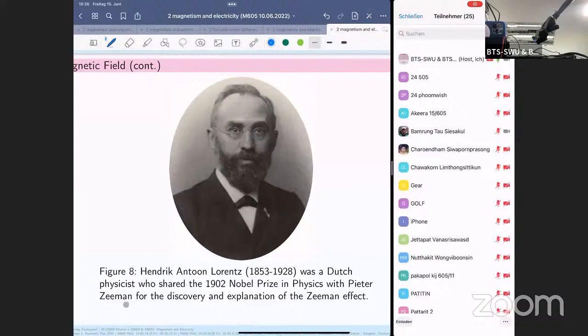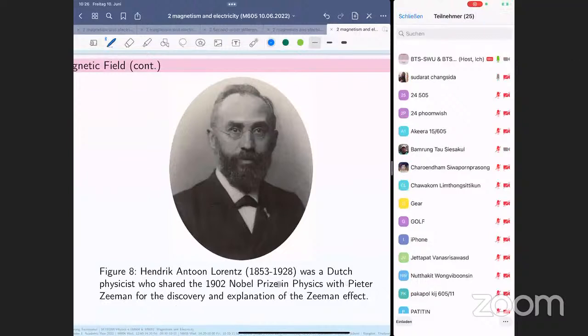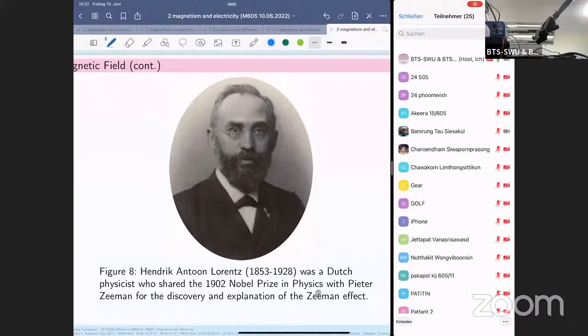You will see the Zeeman effect in, I think, chapter 6 about the atomic model. Both received the Nobel Prize in Physics. If you want someone to recognize you in the future, just go ahead in physics.